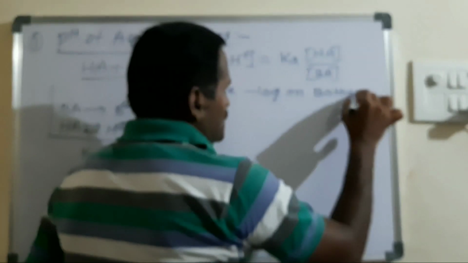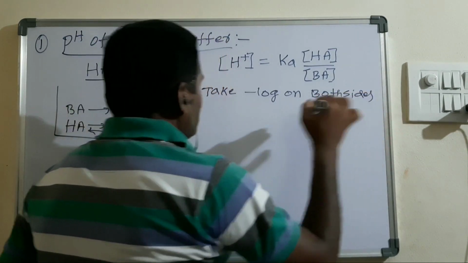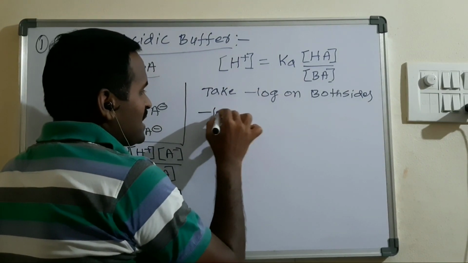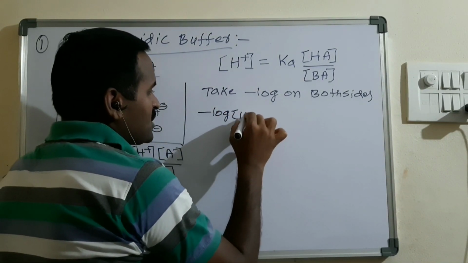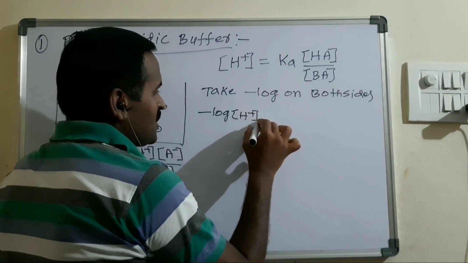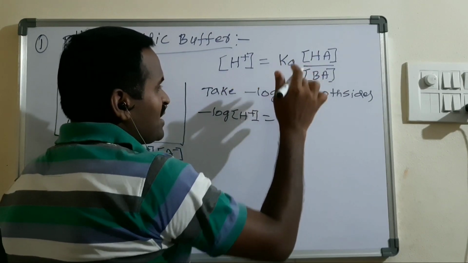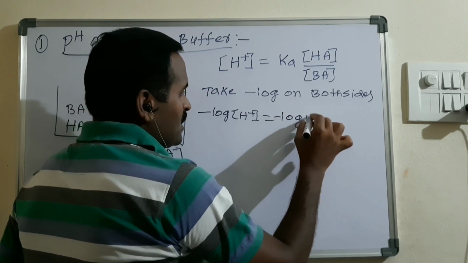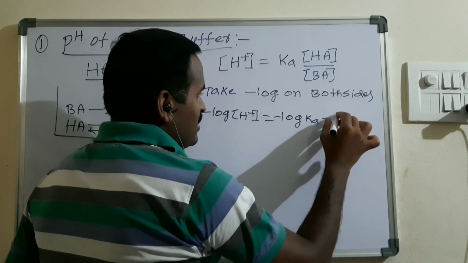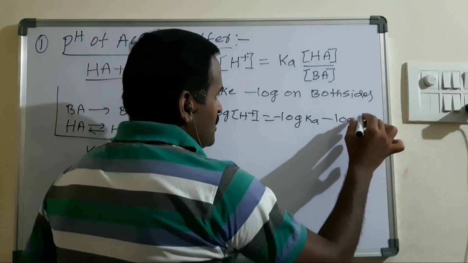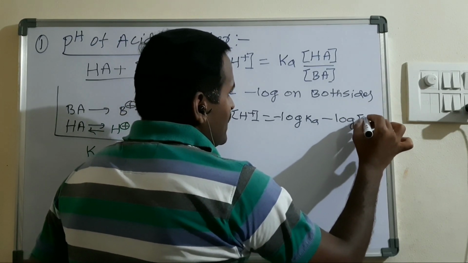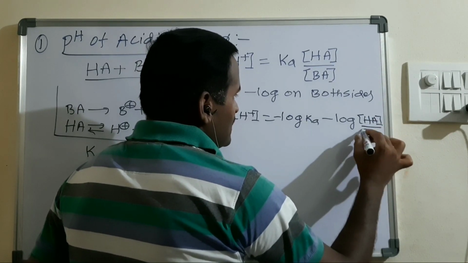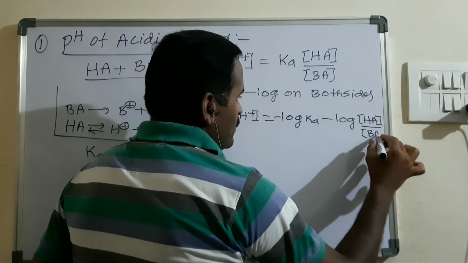Take minus log on both sides. When we take the minus log on both sides, I get minus log of the H plus ion concentration, and using the log of m into n rule, minus log of Ka, minus log of the HA concentration divided by the concentration of BA.